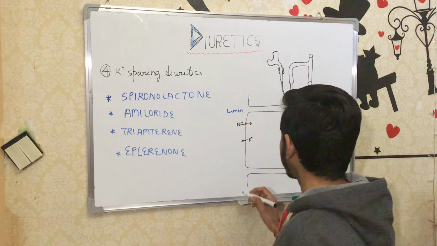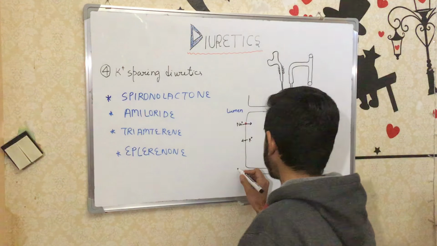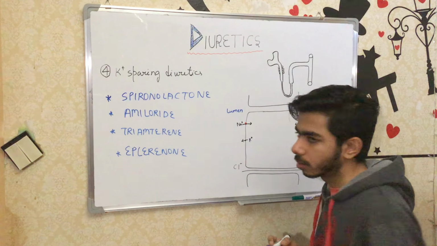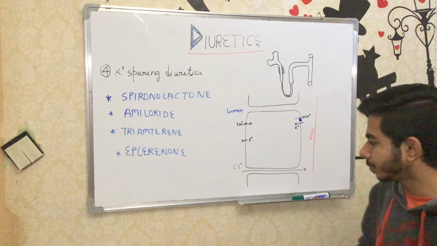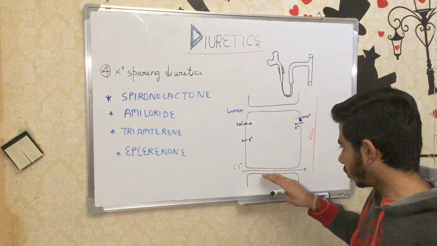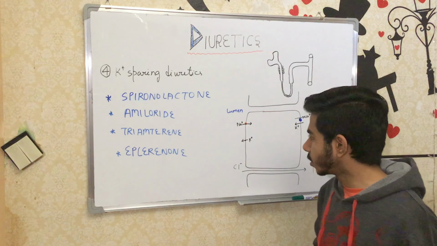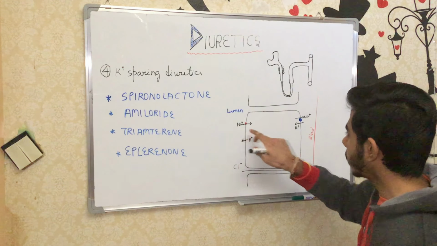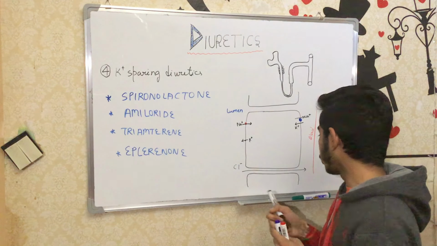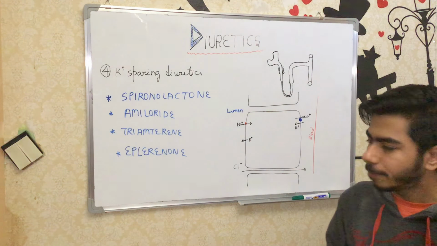Along with the sodium going transcellularly into the blood, chloride ions go into the blood paracellularly. I've already discussed the paracellular and transcellular ways of transport. So sodium ions go inside the cells transcellularly, and chloride ions go into the blood circulation paracellularly.